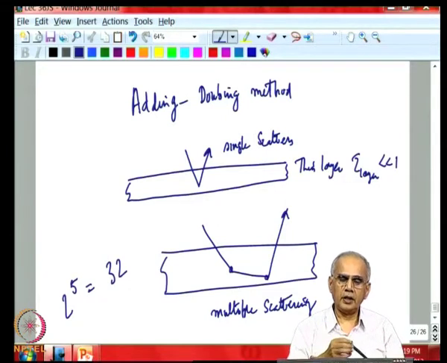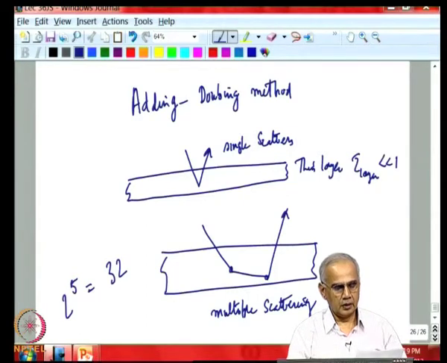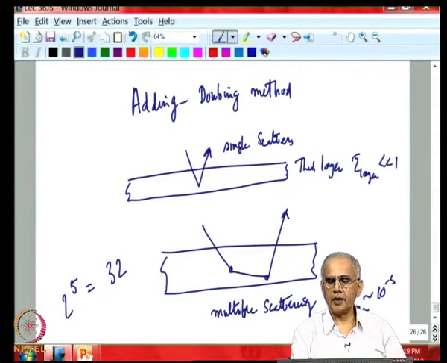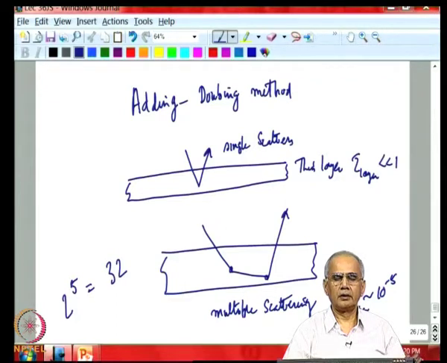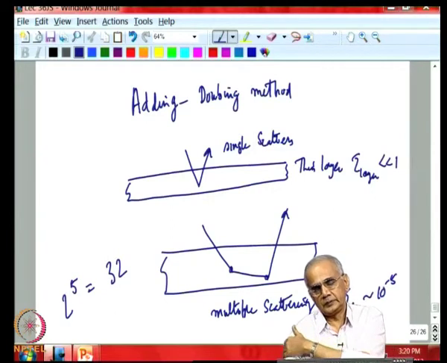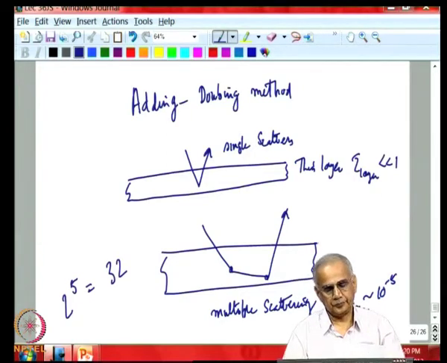You start with a layer of very low thickness, maybe delta tau of the order of 10 to the power of -5 or even less, to guarantee no multiple scattering, and then go on adding these layers together. Although each layer is optically thin, the combined layer is optically quite thick.